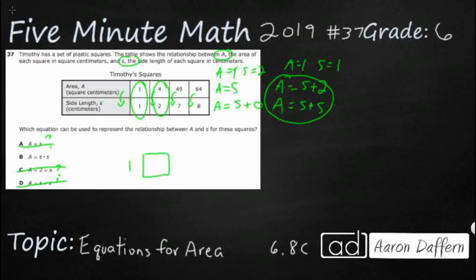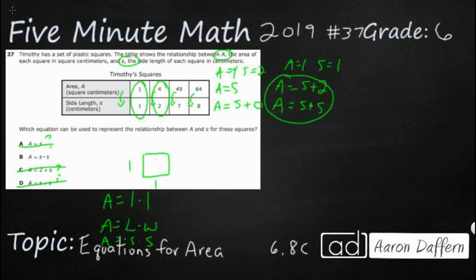Side length is 1. So we're going to say the area equals the side length times the side length, right? Length times width, because that's really what we're looking for. In this case, the length and the width are the same because they are a square. So that's why we have A equals side times side.